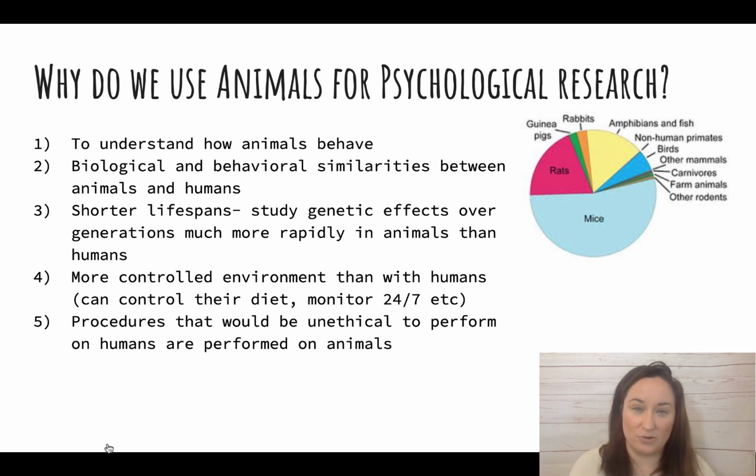Maybe you're trying to study sleep over years even. Again, that would be easier to do with animals versus humans. So procedures that would be unethical to perform on humans are sometimes performed on animals. But every care to make animals comfortable, to give them everything they need, is taken in those situations.